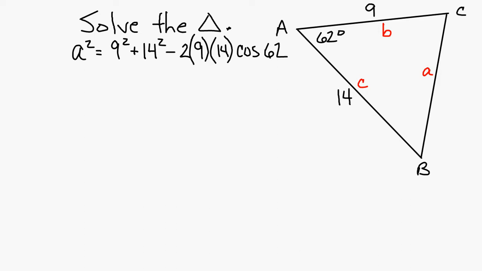Now, somebody take this and type it in just like it is, please. Meaning you could type 9 squared button plus 14 squared button, hit equals, minus 2 times 9 times 14 times 62 cosine.